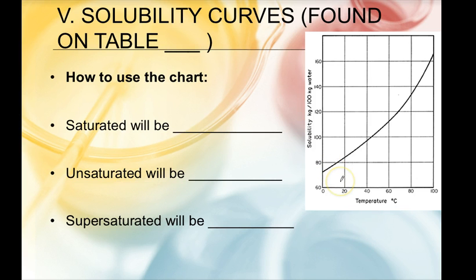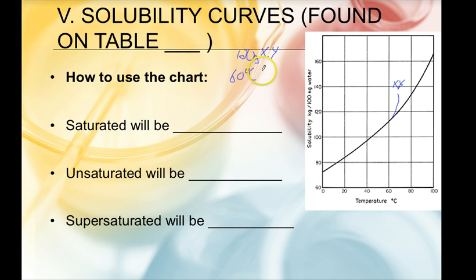Let's say, for example, and it's probably easier to give you an example. Let's say that this line represents substance XY, a solute is XY, and we have 60-degree temperature water, and in that we have about 120 grams of XY dissolved in it.